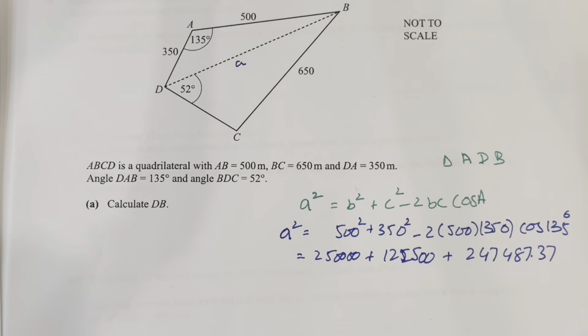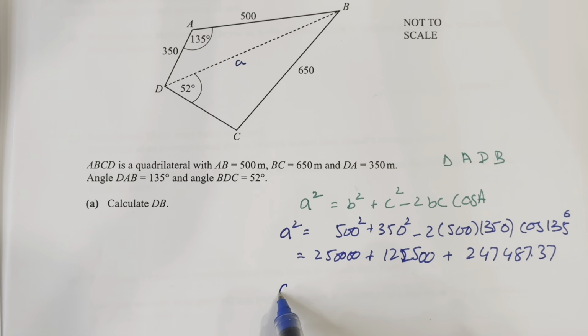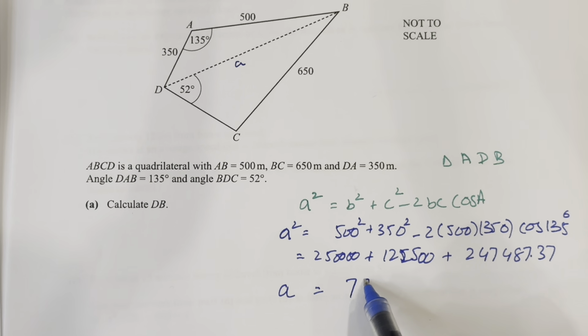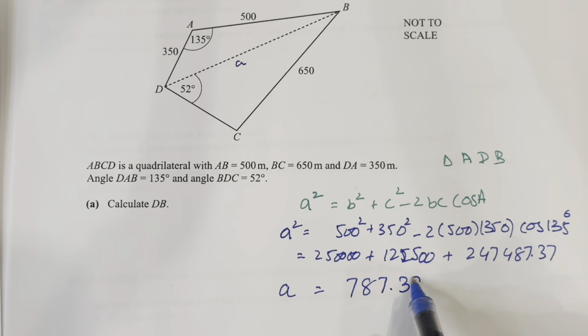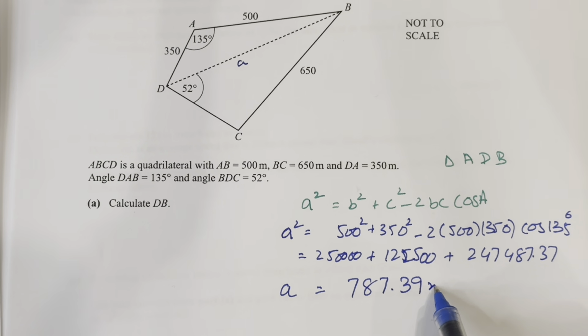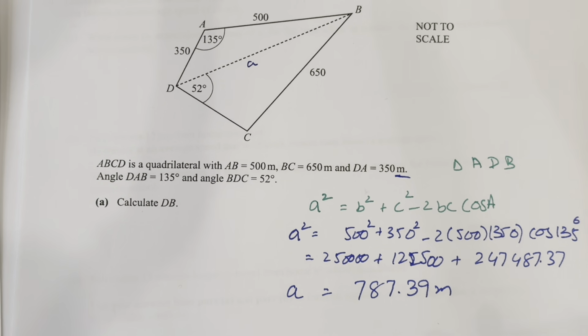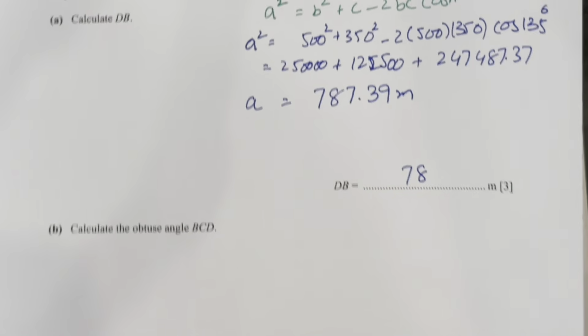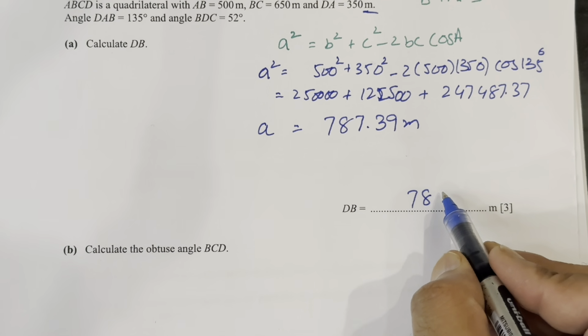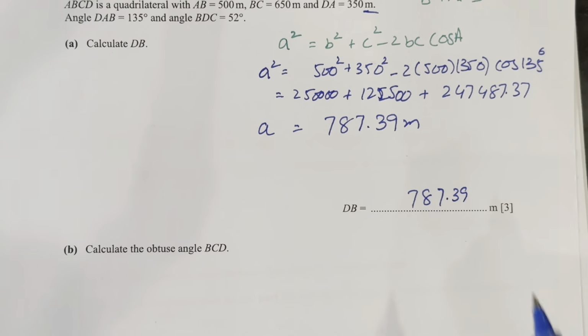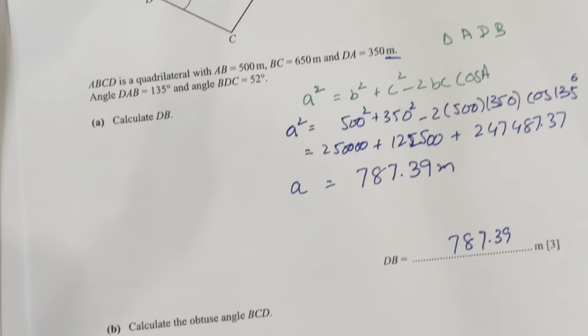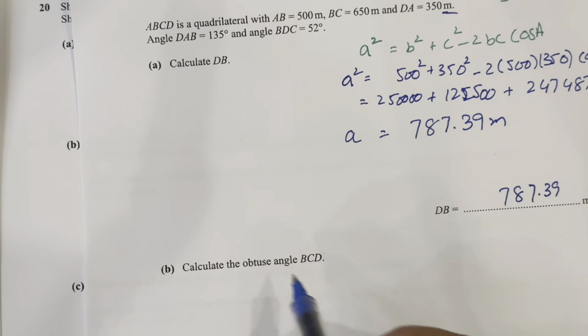After adding these values and taking the square root of A square, the answer would be 787.39 meter, because all dimensions are given in meters. So we're gonna write over here BD is equal to 787.39.